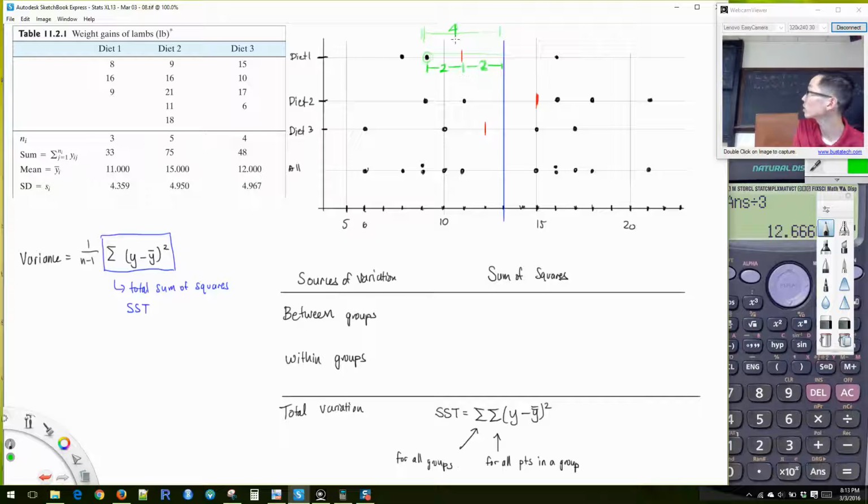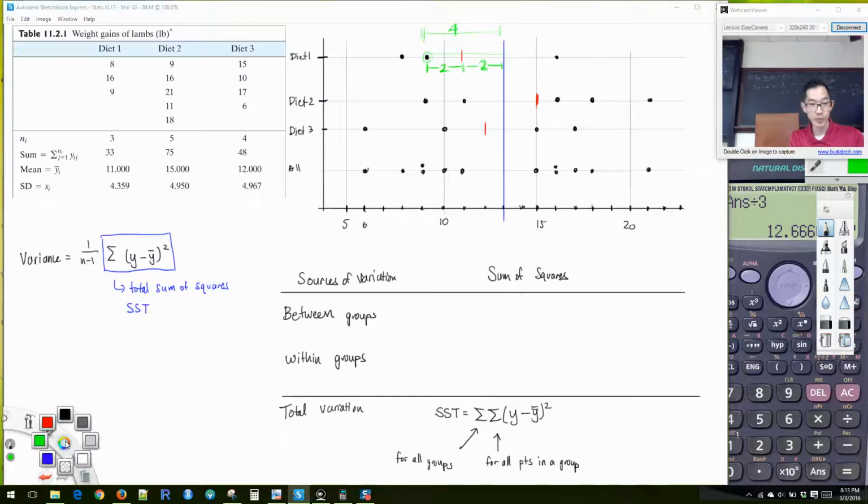So this total distance from the mean can be broken out into 2 parts: the fact that his group has an average that's less than the grand mean, and that he himself individually is lower than the group's mean. That's essentially what we're doing. We're going to split up the sum of squares, this total distance from the mean, into 2 parts.